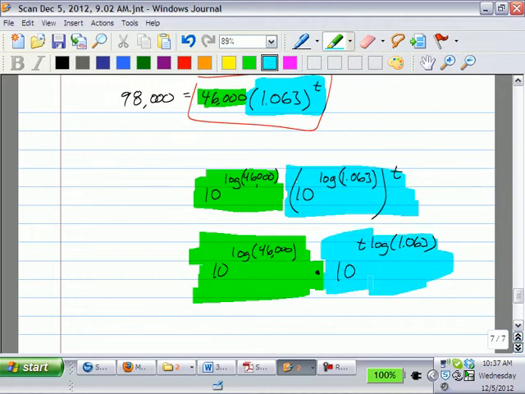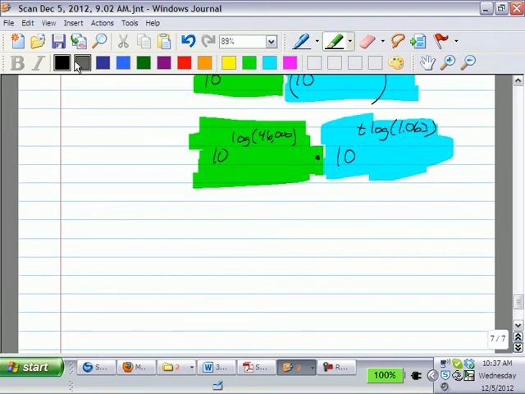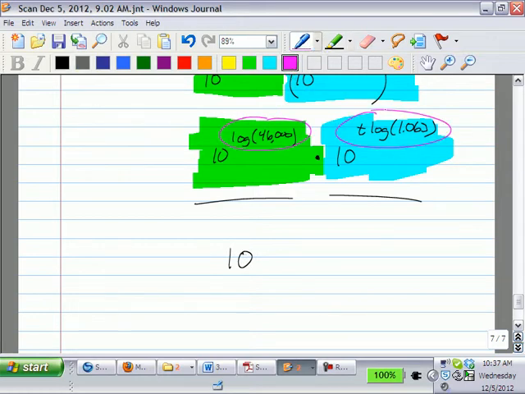Are we okay with that? So if I were going to combine these, this would be 10. So how do I go about this exponent and this exponent? How should they get combined?